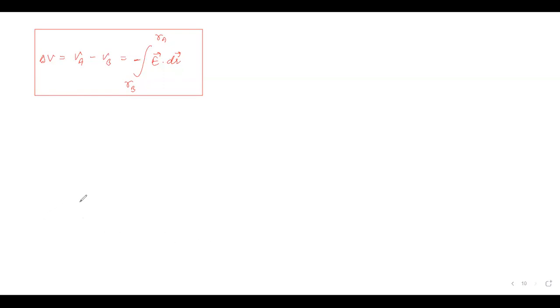Okay. Now, if you want to define the electric potential difference, this is your definition of potential difference. Please write it down.